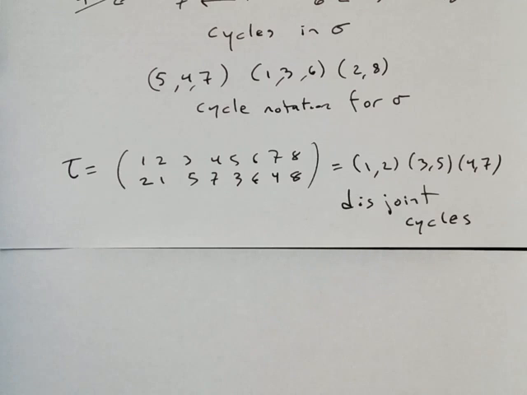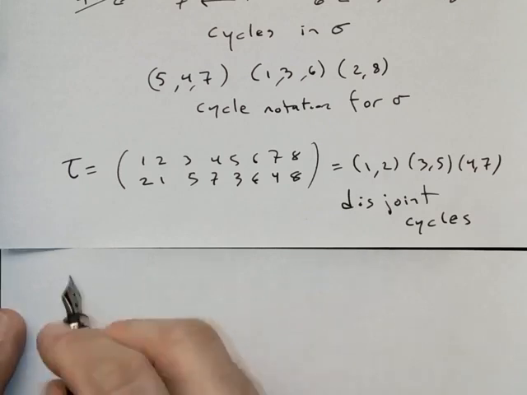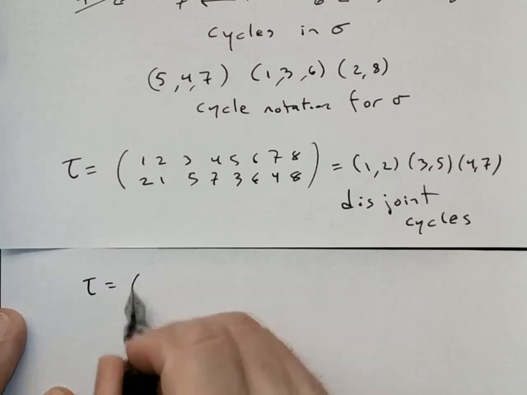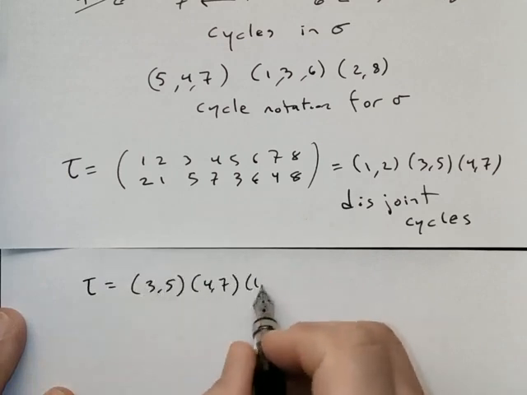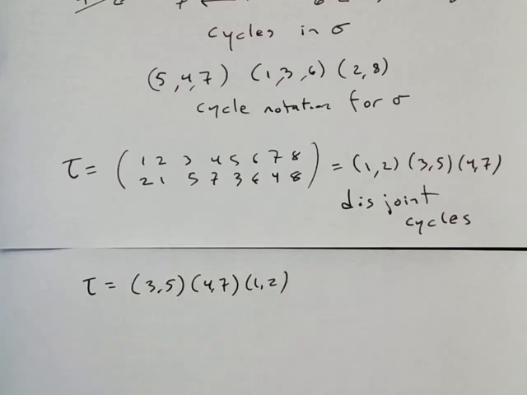Disjoint cycles can be written in any order you want. So I could just as easily write this like that. Disjoint cycles are order independent.